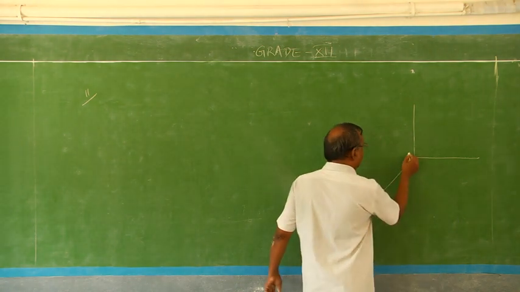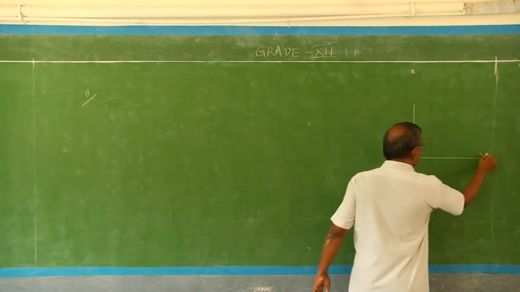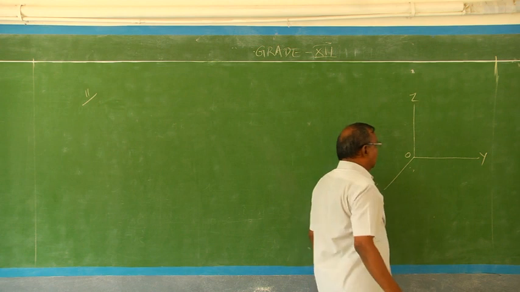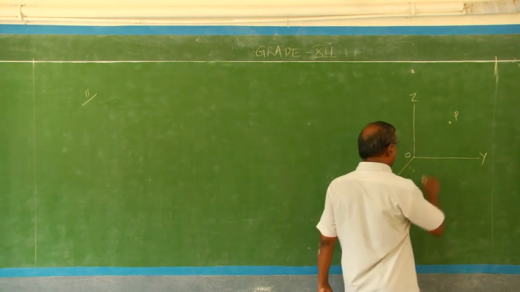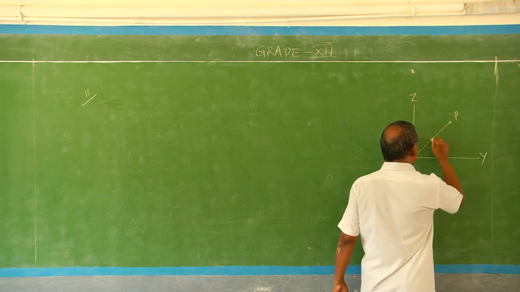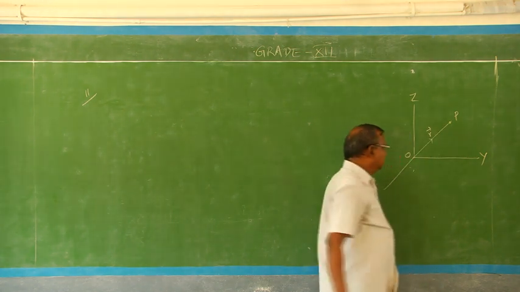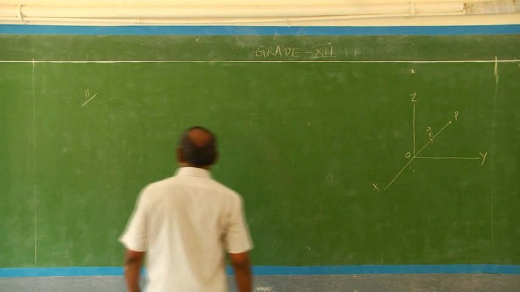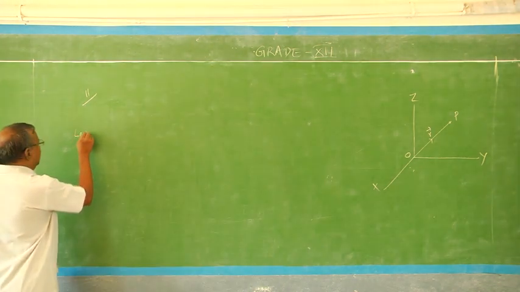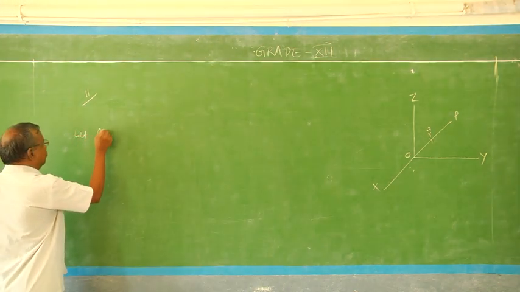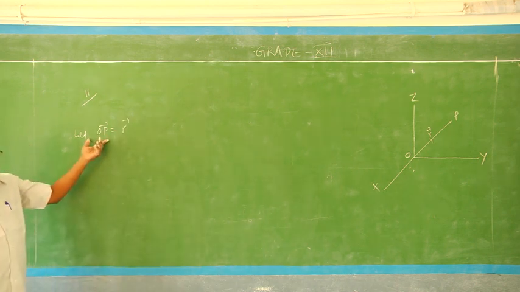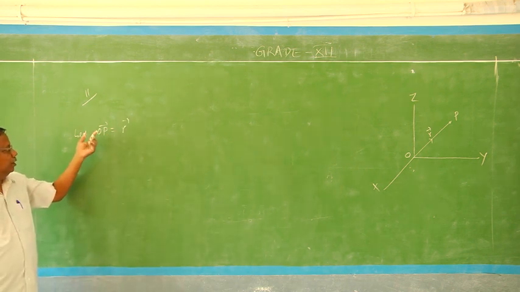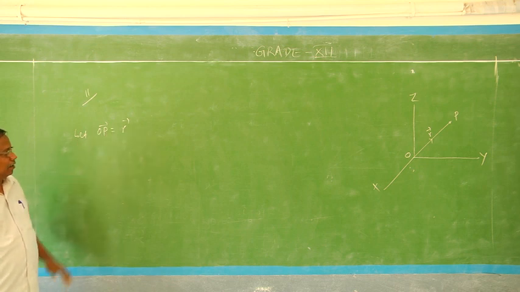Consider coordinate axes ox, oy, oz and let P be any point in the space, that is an arbitrary point. Join OP, and let OP vector equal R vector. Now the position vector of P is OP vector, let us assume that as R vector.